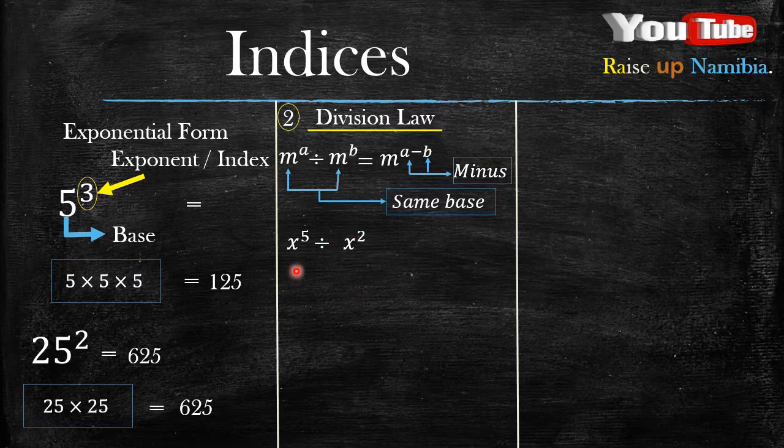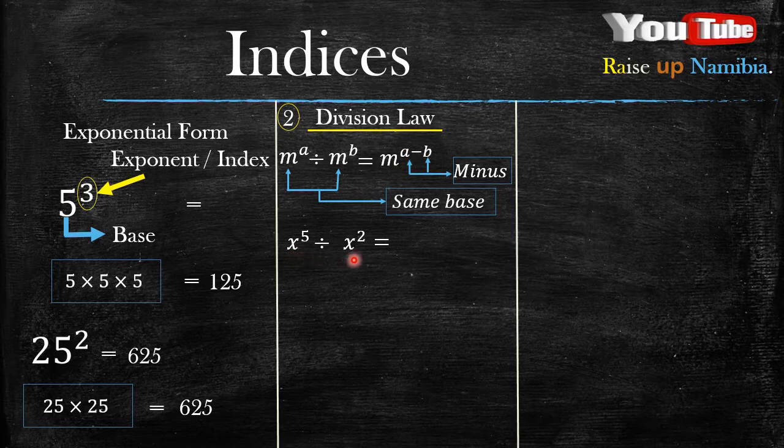So we have x as a base raised to the power of 5, divided by x raised to the power of 2. So what's the answer? Our law says if the bases are the same, of two bases that are being divided, we minus their exponents.